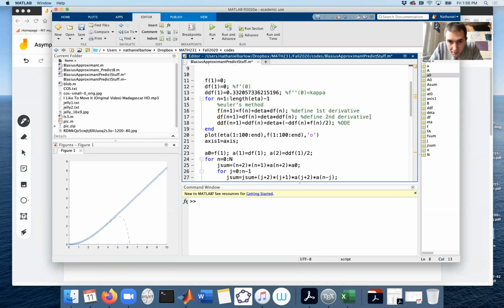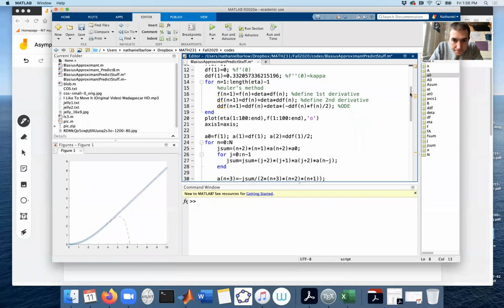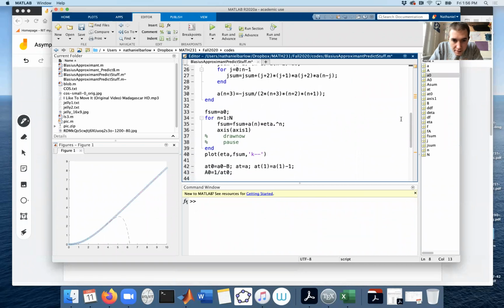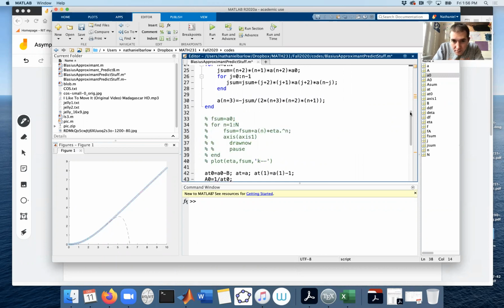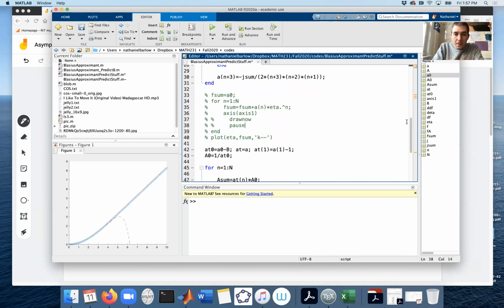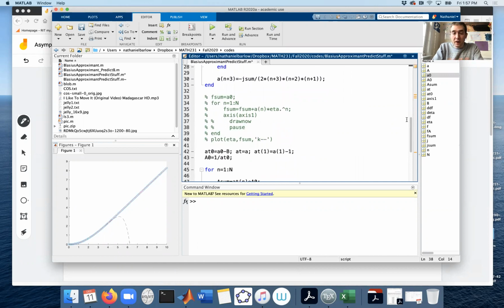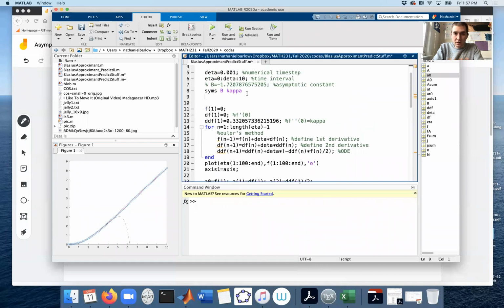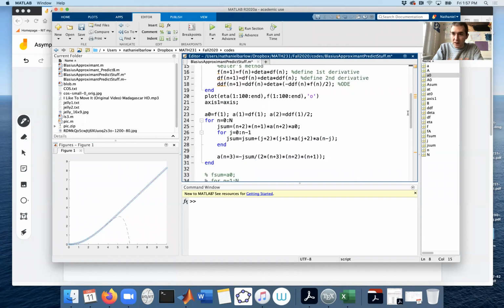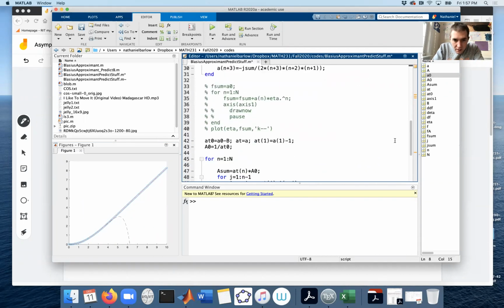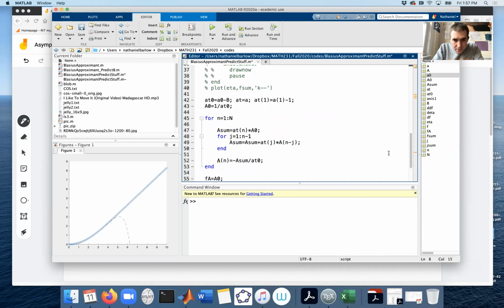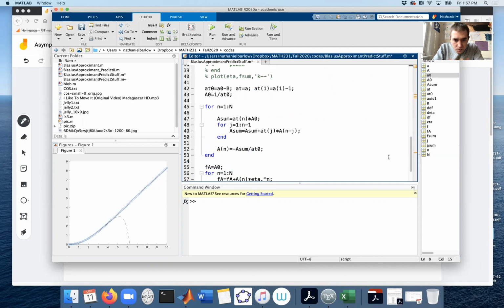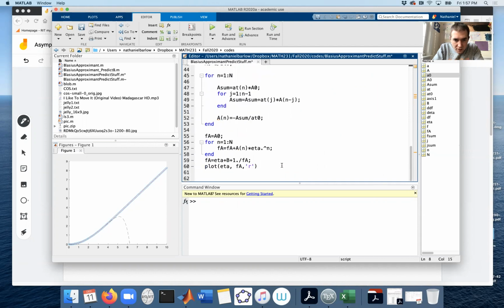Okay, so let's turn off the plotting. Since kappa is going to be symbolic, we should probably let the a's be symbolic too, the coefficients of the power series. And I'm going to turn off the plotting here.